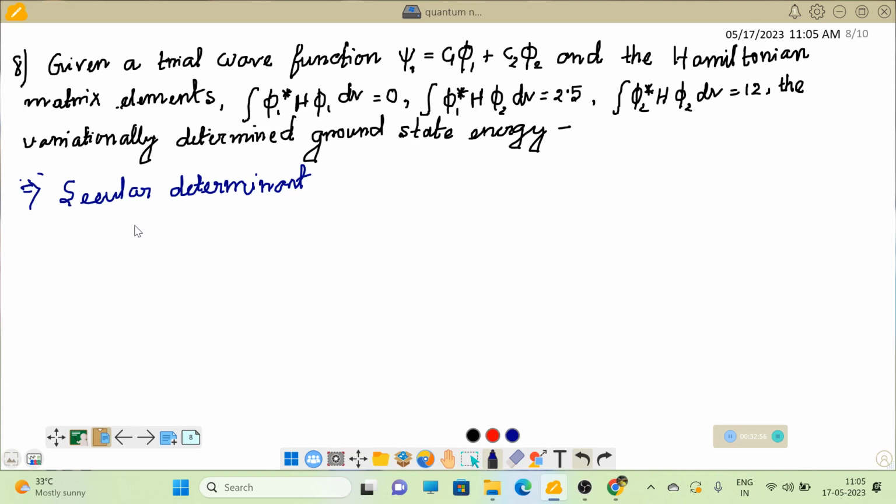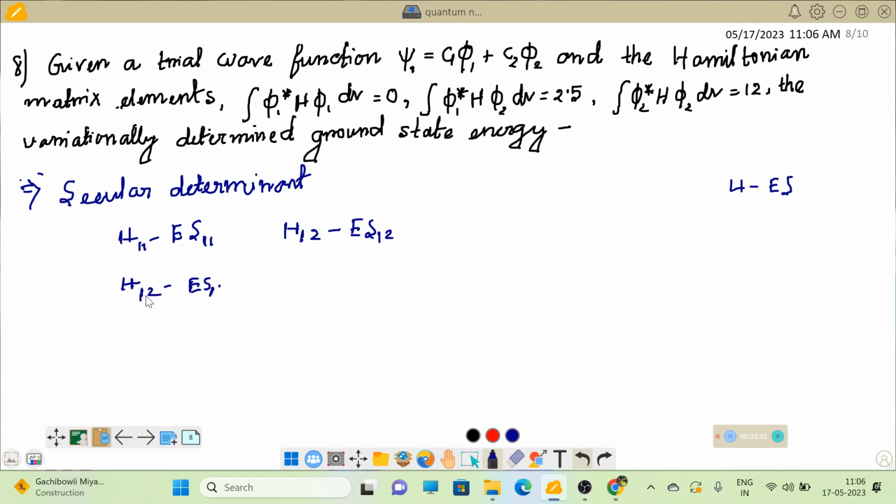That is H, which is a matrix, minus E S. H11 minus E S11, H12 minus E S12. See, it is like that only, H minus E S. So you write like this, 11, 12, 21, 22 as per the rule of the matrix, and the values are given.